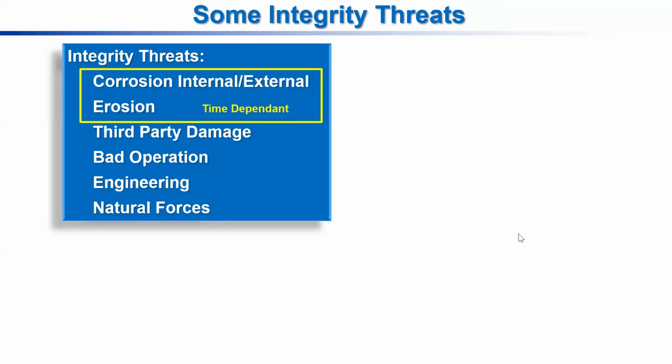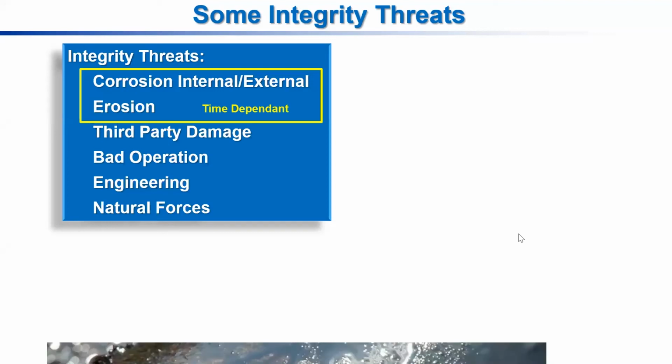Or depending on where you are, like in California, the probability of an earthquake is high, but then we have to look at the consequence. Then we are entering into a concept of risk management. Now, how do we prevent natural forces? I have some examples that I'm going to share with you.